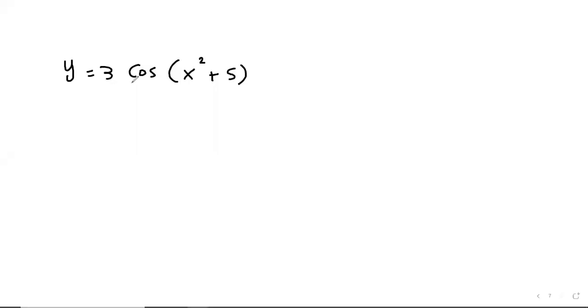If y equals 3 cosine x squared plus 5, I want to get dy over dx. In this example, we can write y is equal to 3 cosine t, as we did in the previous example, and t is equal to x squared plus 5.